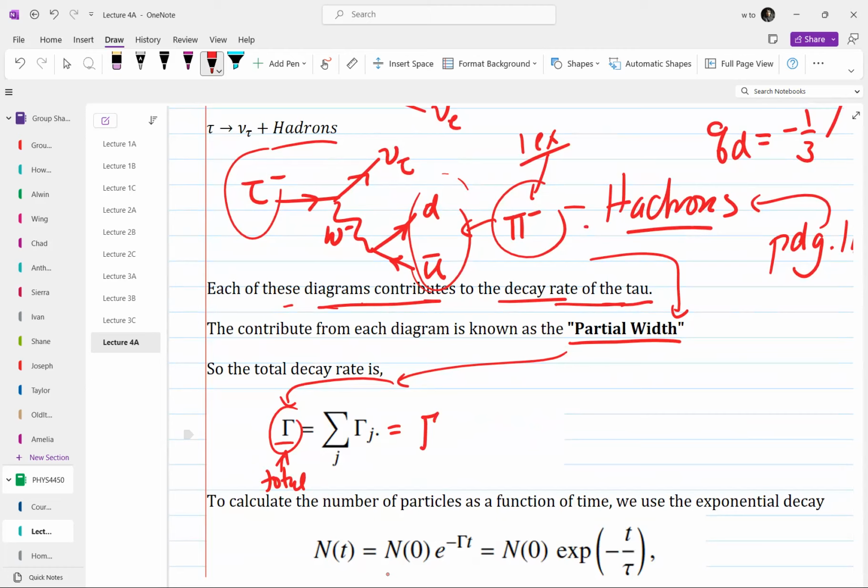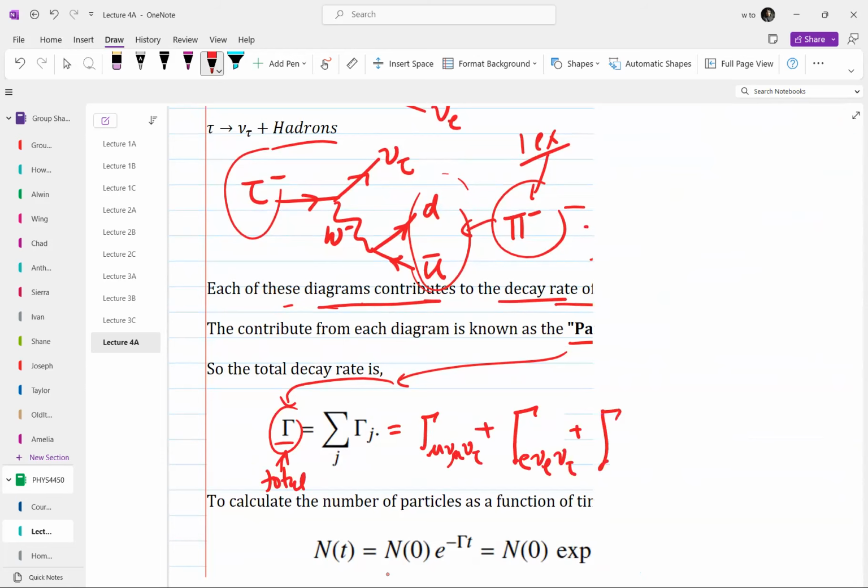For the example of the tau, one of these will be to the muon, muon neutrino, plus tau neutrino. You have to write down all the subparticles. Another part of the width is the electron neutrino and the tau neutrino.